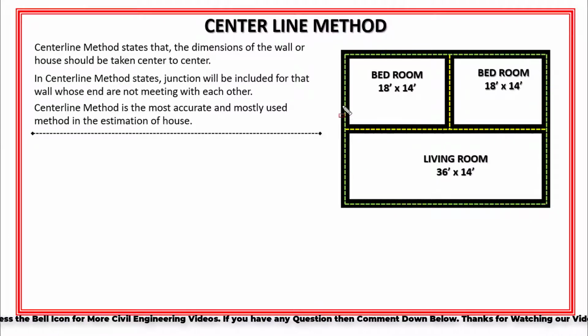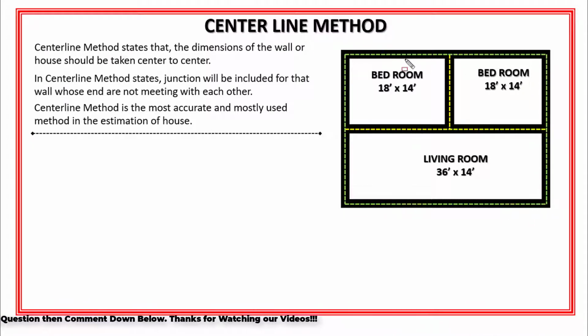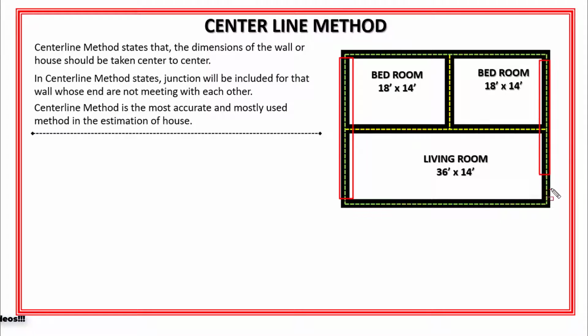So the length of this green center line is equal to the length of these four lines, which makes this green center line. Okay. So here these two lines are the same in length and also these two lines are the same in length. So I only have to calculate the length of this green center line and the length of this green center line. And after that I will multiply it with 2.